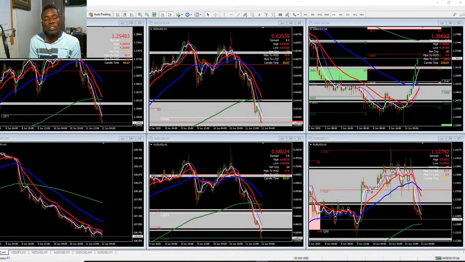Everything else is normally weak against them. Some might be weaker than some, and some a little stronger than some. But if you're trading extremely weak against extremely strong, you're going to get quite a few pips, right?